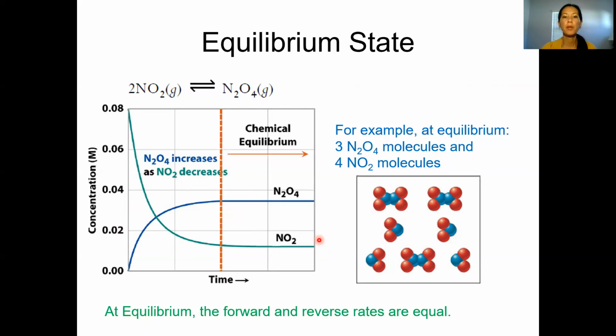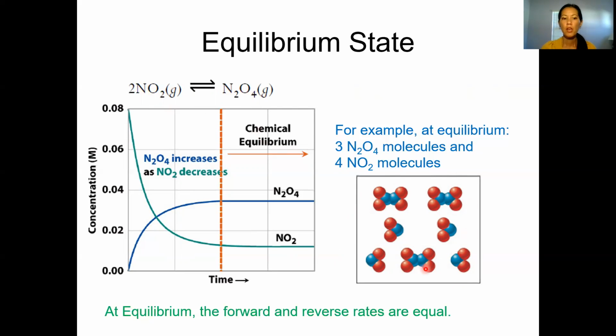Maybe at equilibrium, you don't have equal amounts of these, but maybe you have 3 N2O4 molecules and 4 NO2 molecules. That's just an example. What that means is at equilibrium, you still have the forward and backward directions constantly going back and forth, but over time you maintain that amount.